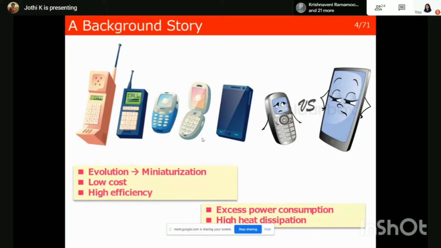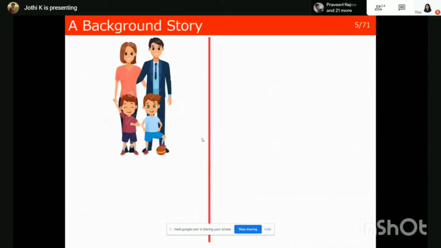You start from, let's say, two decades ago, you drastically improve your system by following the electronics industry's prime goals, and you end up with two important problems: high power consumption and excess heat dissipation. So you have two messages now.